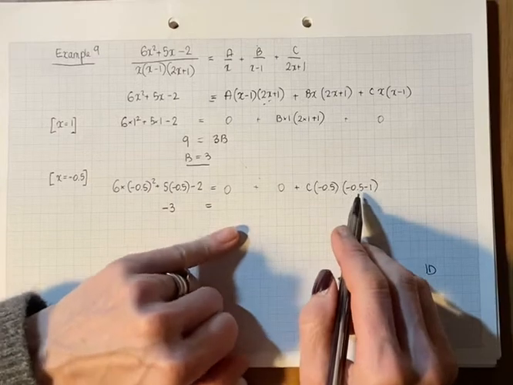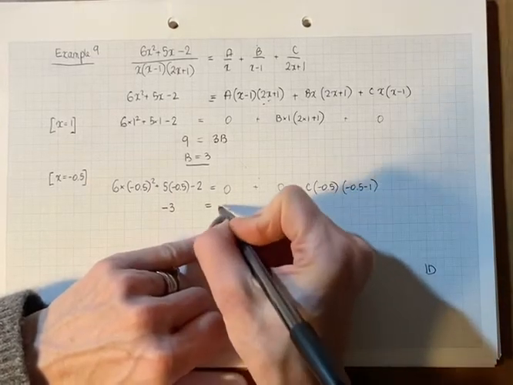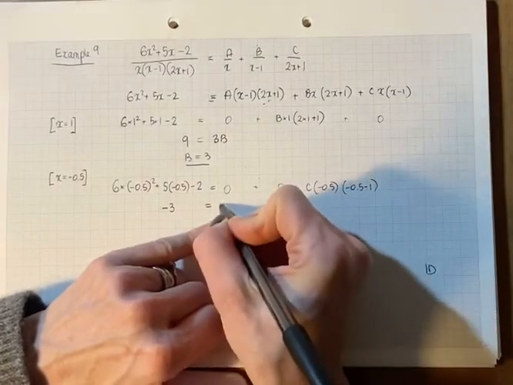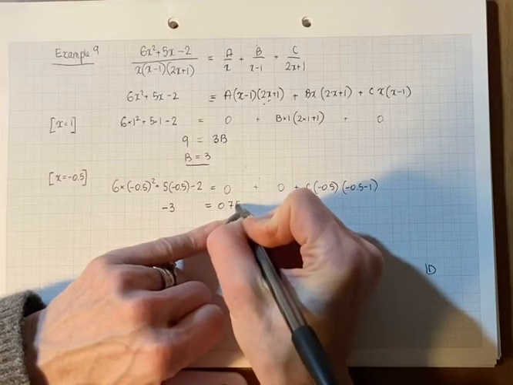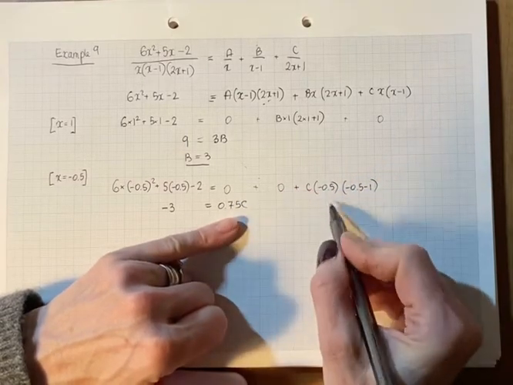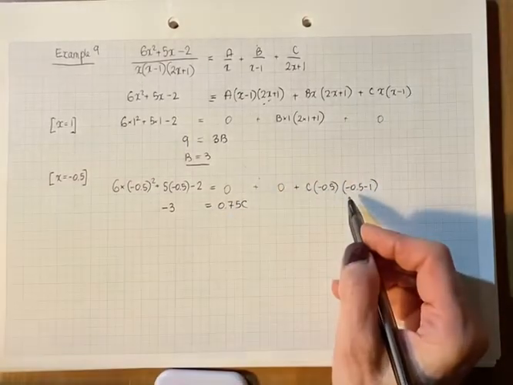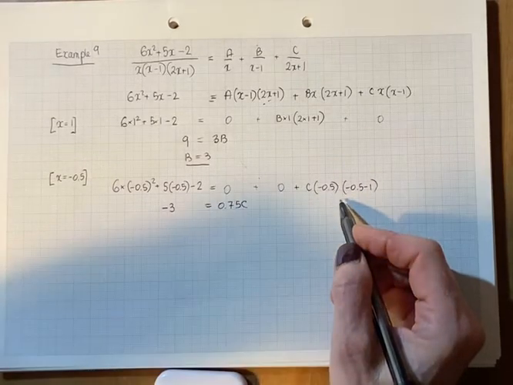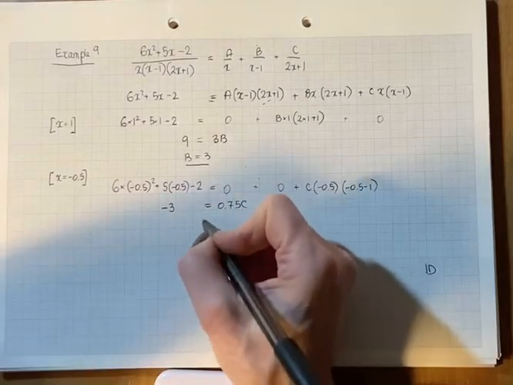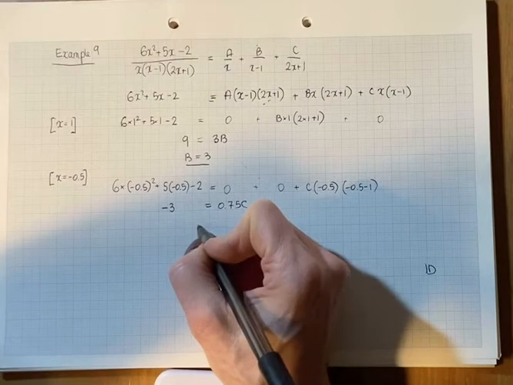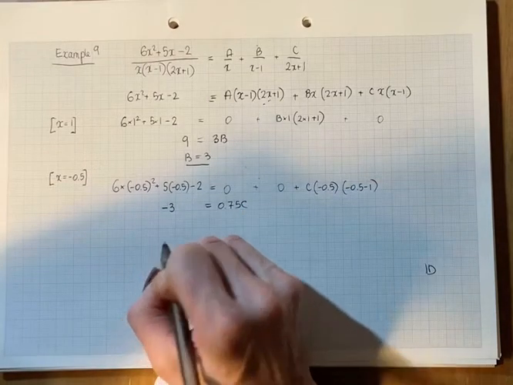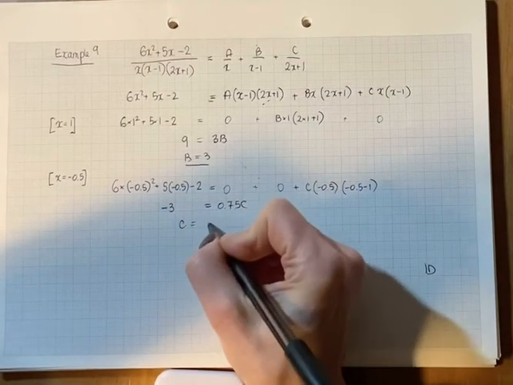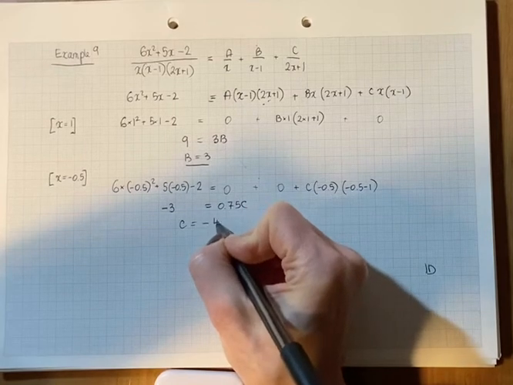So that's going to be positive. You can do it on the calculator. 3/4. Okay, 1.5 times a half is 0.75. So that means that we are going to have c is equal to minus 4 when you divide by 0.75.